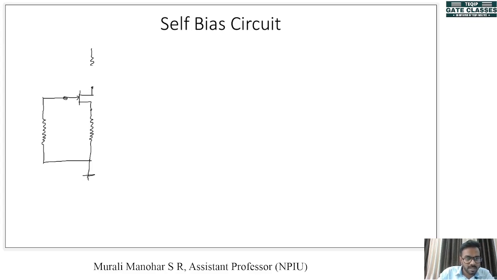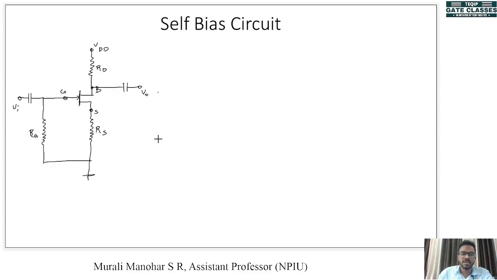Here we have RD and VDD. Now this is our gate, drain and source. Here we have the input with its capacitor, and here we have the output and its coupling capacitor. Now this resistance is called RG, this is RS, and this is RD. Now this is a self-bias circuit.